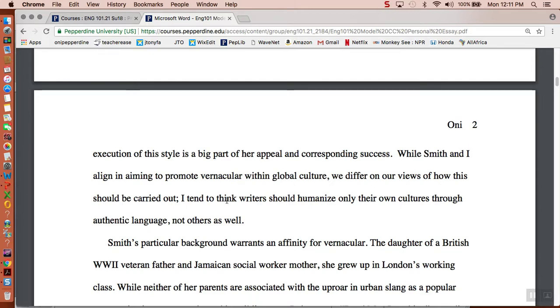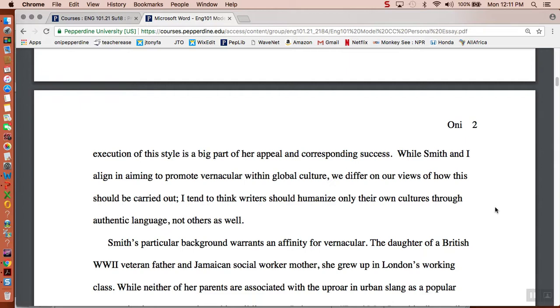And this is why it's really important to organize things in this way within the thesis, right? Because your similarity is going to lead into the difference, which I assume will add a little bit of complexity to your analysis, right? So my complication here, we differ on our views of how this should be carried out. I tend to think writers should humanize only their own cultures through authentic language, not others as well.